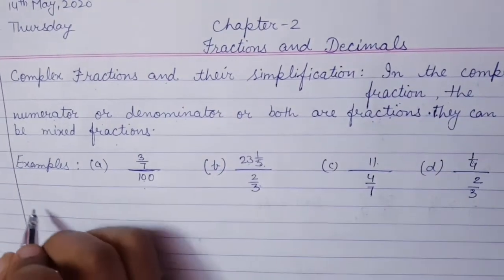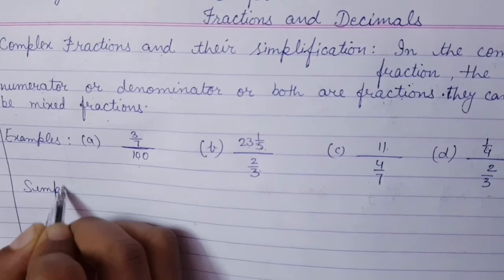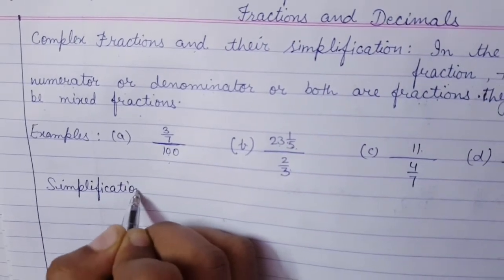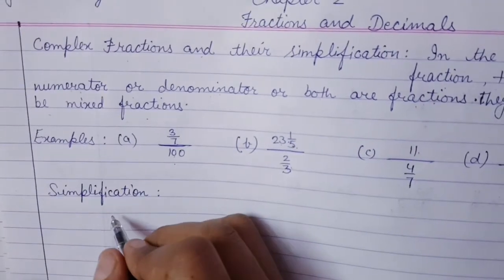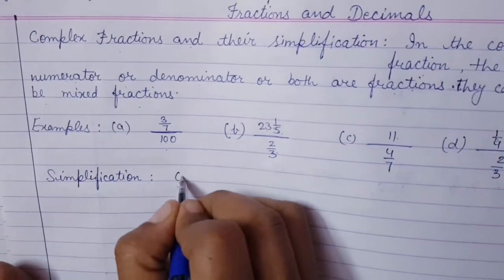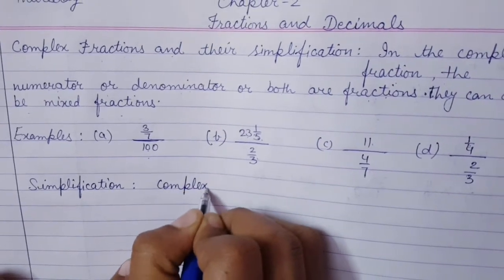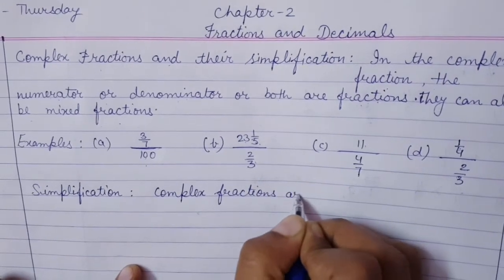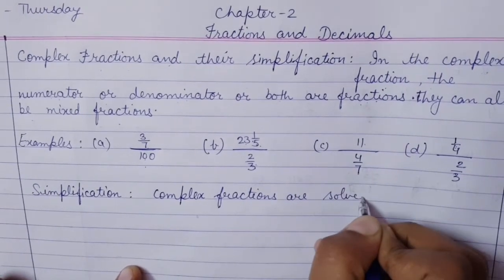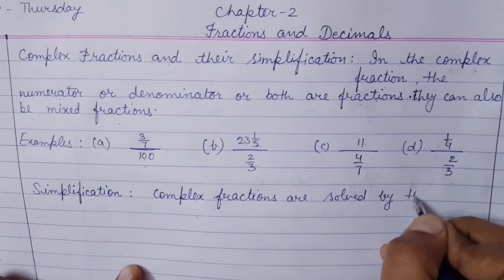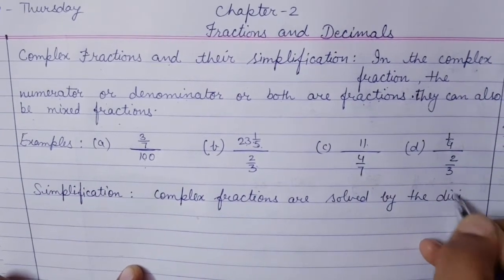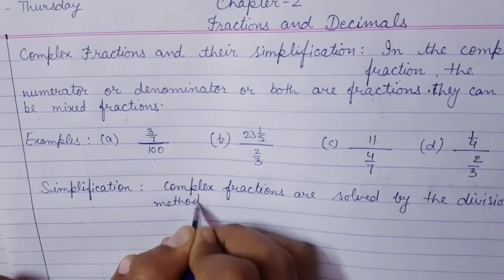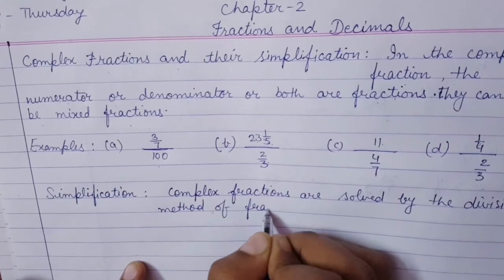Now simplification. How do we simplify the complex fractions? Means how do we find the values of complex fractions? So complex fractions are solved by the division method of fractions.